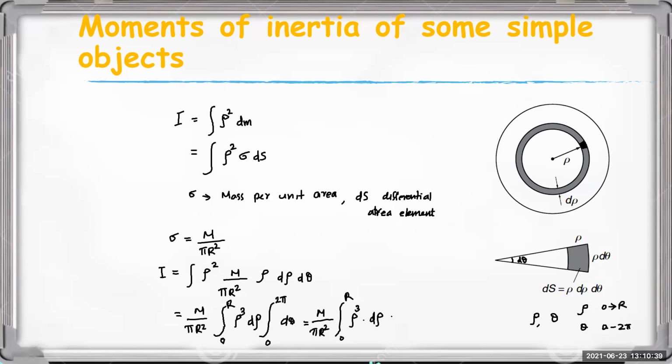Then we give the limit 0 to 2 pi, only the upper limit is to be given, so it is equal to 2 pi. 2 pi can be taken outside. Then 2 pi m divided by pi R square, and what will be the integral of rho cube d rho? It is rho raised to 4 divided by 4 in the limit 0 to R.